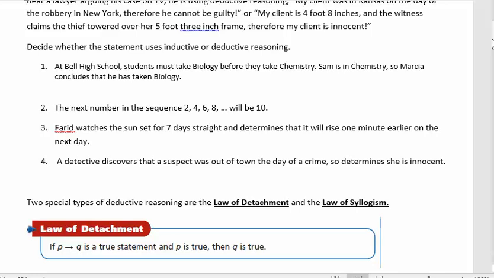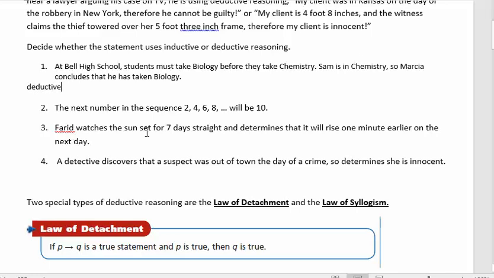If you're looking at a rule or something that is said to be true because of a property or a definition, then it's deductive. Number 1, at Bell High School, students must take biology before they take chemistry. Sam is in chemistry, so Marcia concludes that he has taken biology. That's a rule, that they have to have biology before chemistry, so this is deductive reasoning.